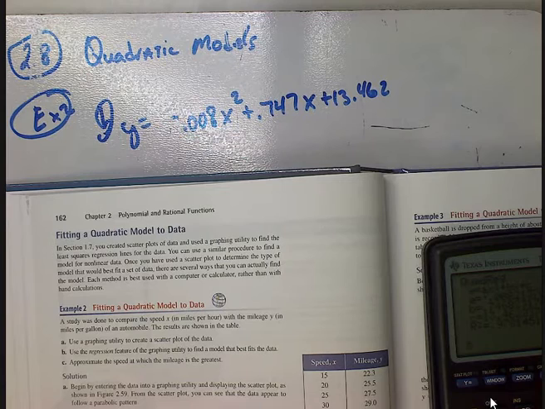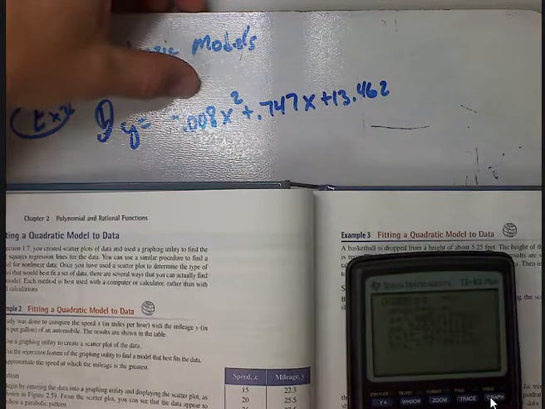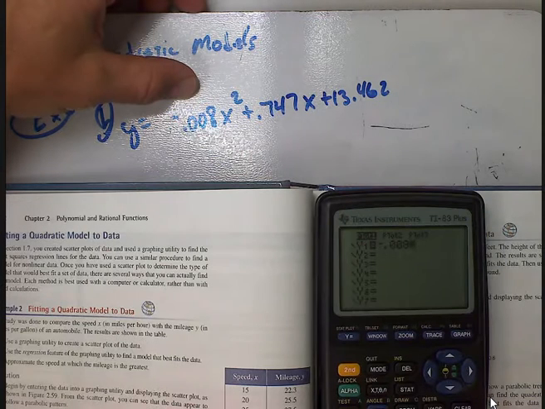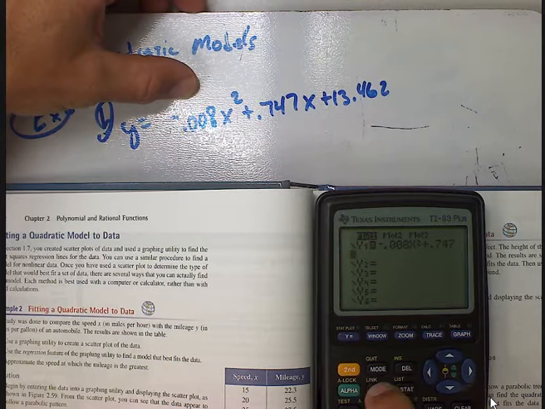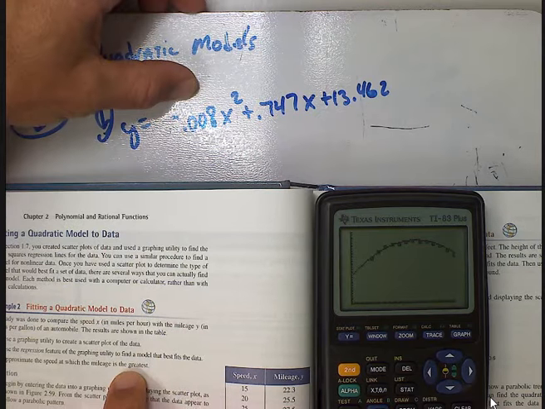Essentially I have this equation, so I'm going to go back into y equals and type it in: negative 0.008x squared plus 0.747x plus 13.462. Hit the graph button, and you see it draws the curve over what I did, and it says to find where the mileage is the greatest. So we're going to find the high point here.